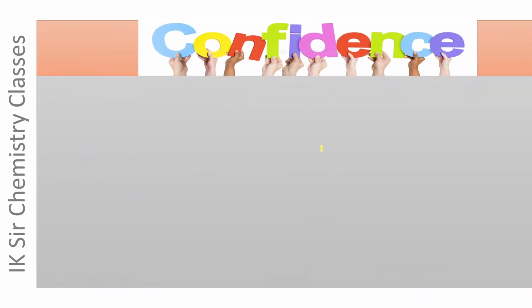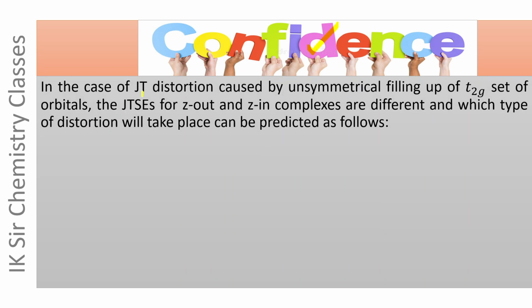But there is a state of confidence in the case of Jahn Teller distortion caused by unsymmetrical filling up of the t2g set of orbitals. The Jahn Teller stabilization energies for Z out and Z in complexes are different, and which type of distortion will take place can be predicted with certainty, with confidence.